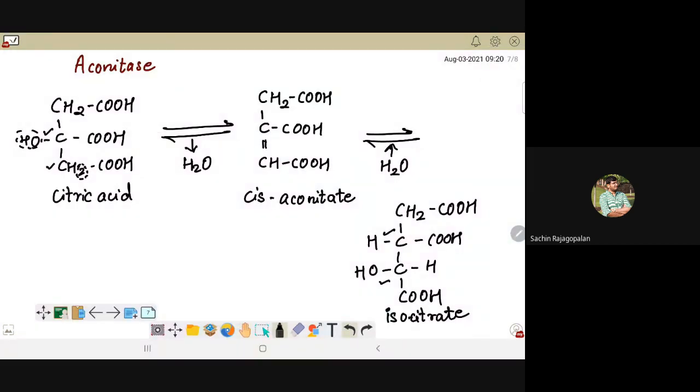So by carrying out dehydration and hydration reactions one after the other, I have converted citric acid to its isomeric form, isocitrate. There is an intermediate in the process, which is cis-aconitic acid, and the enzyme is referred to as aconitase. Okay, so quickly write down the reaction.